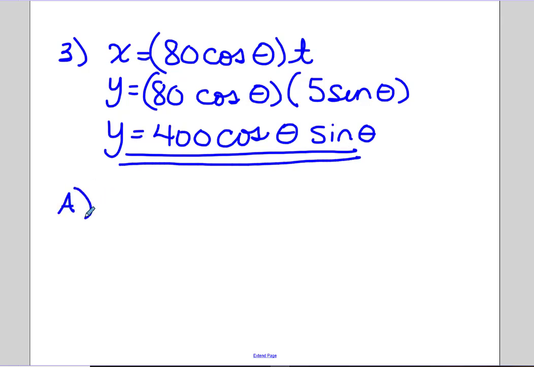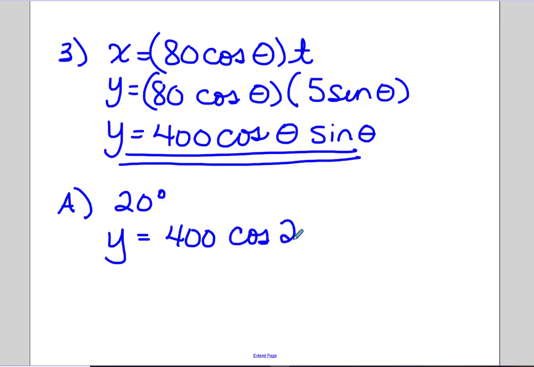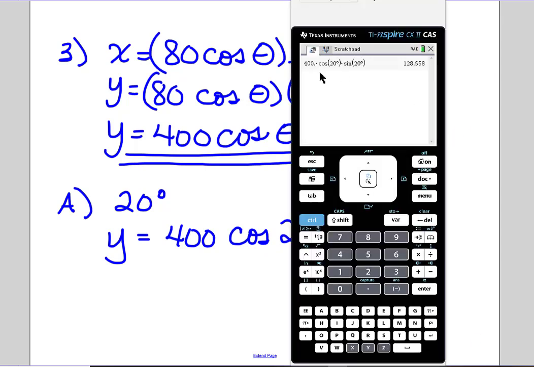And question A asked us what would happen if it was a 20-degree angle off of that club head. So the distance for 20 degrees would be 400 cosine 20 times sine of 20. And going to our calculator, let's figure that up. So 400 times cosine 20 sine 20 looks like it goes 128.56 yards.